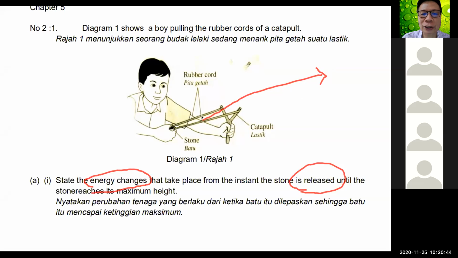So started with what energy here? Elastic potential energy. When the stone started to move, Anik. Don't know, sir. When a stone started to move, means it's already kinetic energy, right? Started to move, kinetic energy.